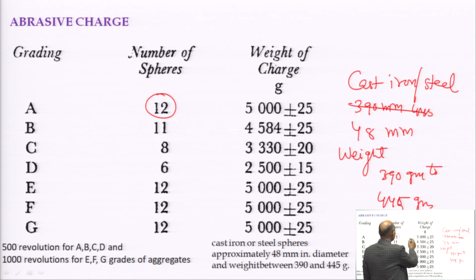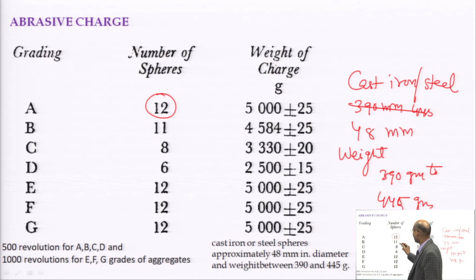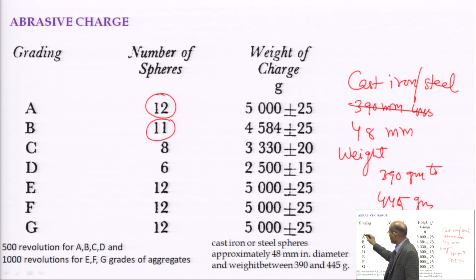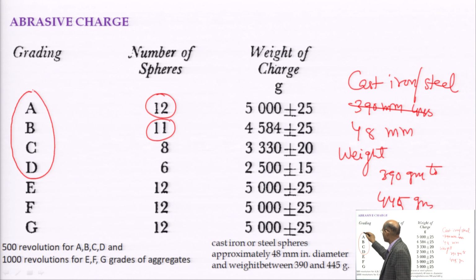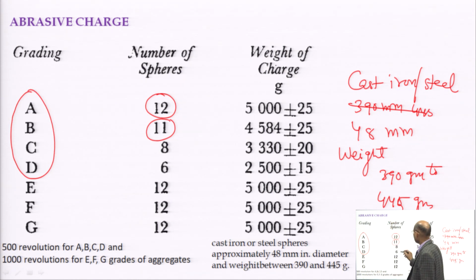For A type you have to put 5000 gram. Similarly, if the grade is B type, then we have to put 11 spheres. For grades A, B, C, D, you take the number of spheres like this and the weight of the charge in this fashion, with a plus or minus 25 gram variation.